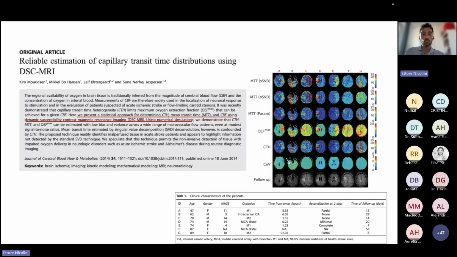This model was then tested on 7 acute ischemic stroke patients. What they found was that the model, including both MTT, CBF, and CTH, could better predict the final infarct lesion, the follow-up lesion, than the conventional standard SVD technique.